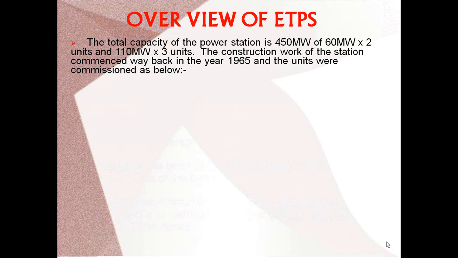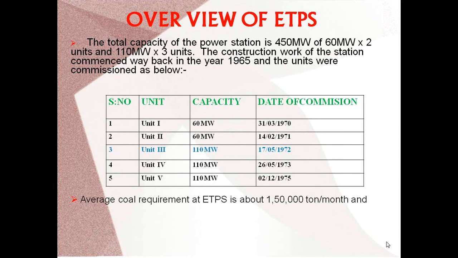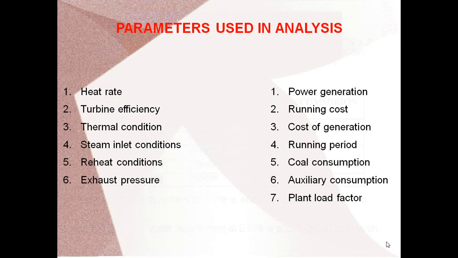The overview of the ETPS is: the total power station is 450 megawatt, in which there are 60 megawatt 2 units and 110 megawatt 3 units. The average coal requirement of ETPS is about 1,50,000 ton per month, and the average cooling water requirement of North Thermal Power Station is 65,000 ton per month.